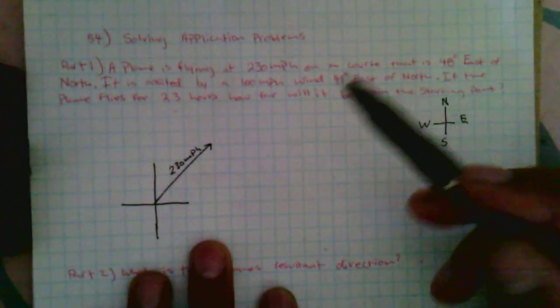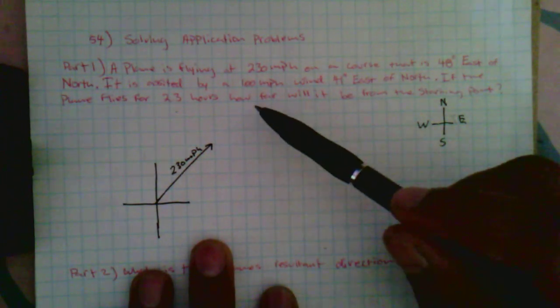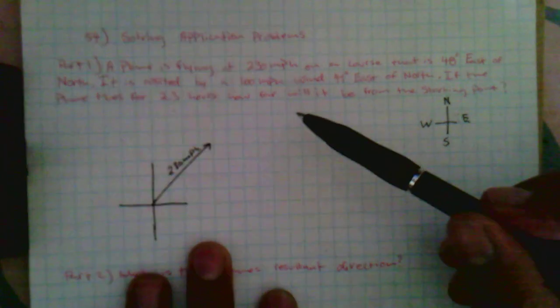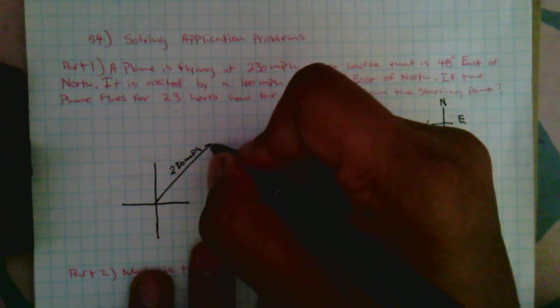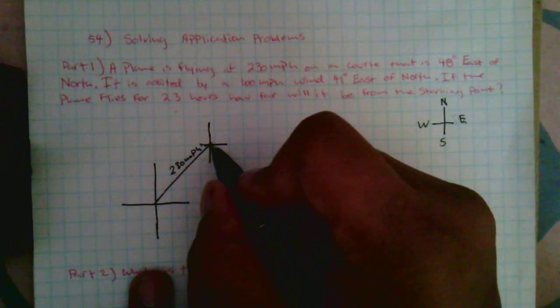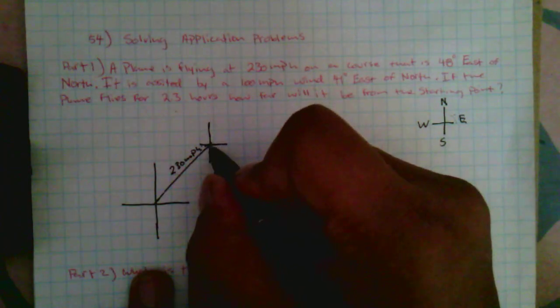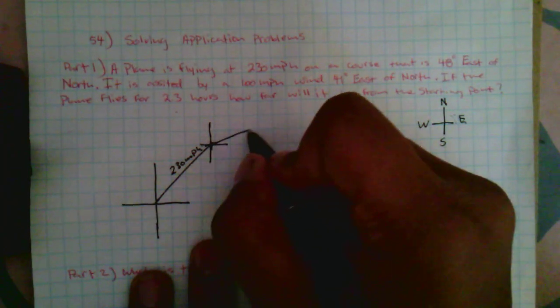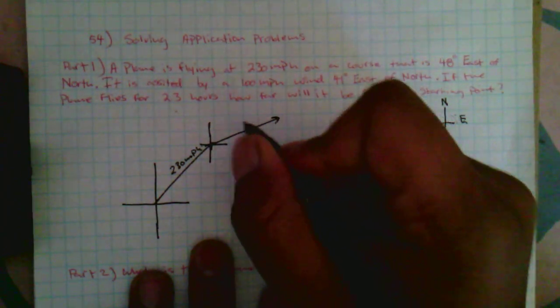All right, so now it's assisted by a 100 mile per hour wind going 41 degrees east of north. So there is another one, and I put another grid like this so I know, like, hey, east of north. So we're going 41 degrees east of north, less than 45. And this is 100 miles per hour.